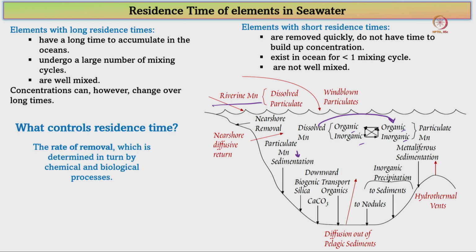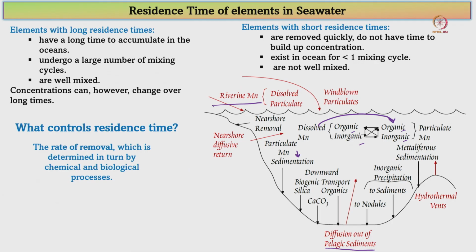Then again with the biogenic silica, with the organics, with the calcium carbonate, a certain proportion of that manganese is settling down and getting removed from the system. Again, through diffusion from these pelagic sediments, a certain amount of the manganese that settled is returned back.